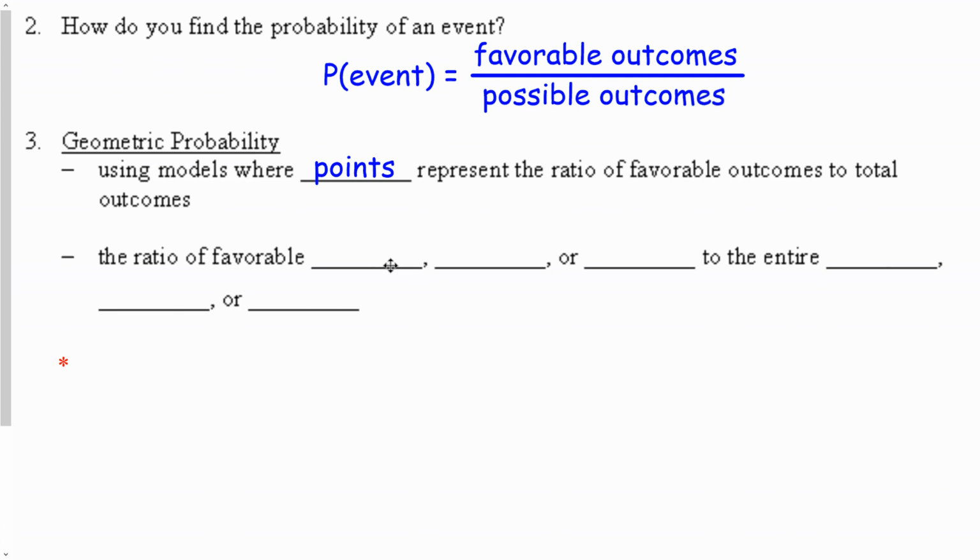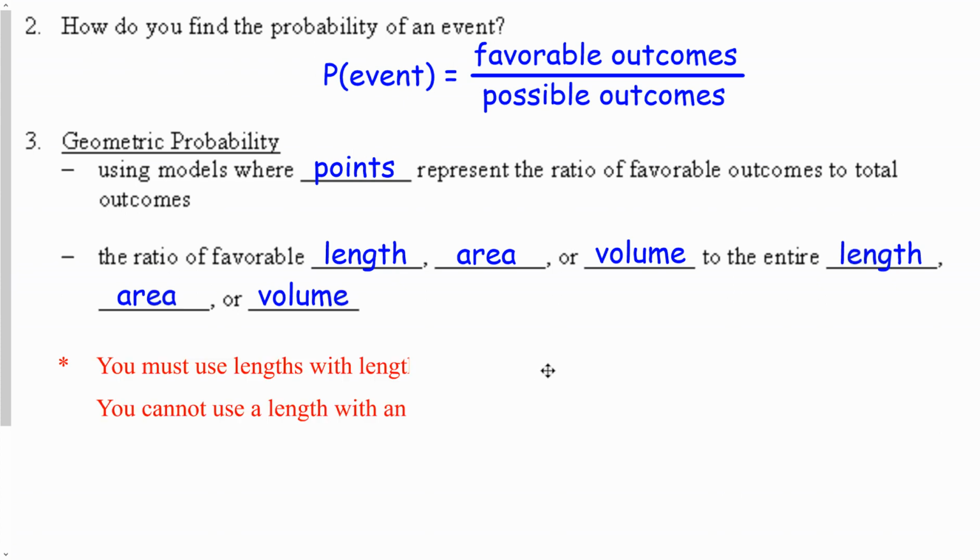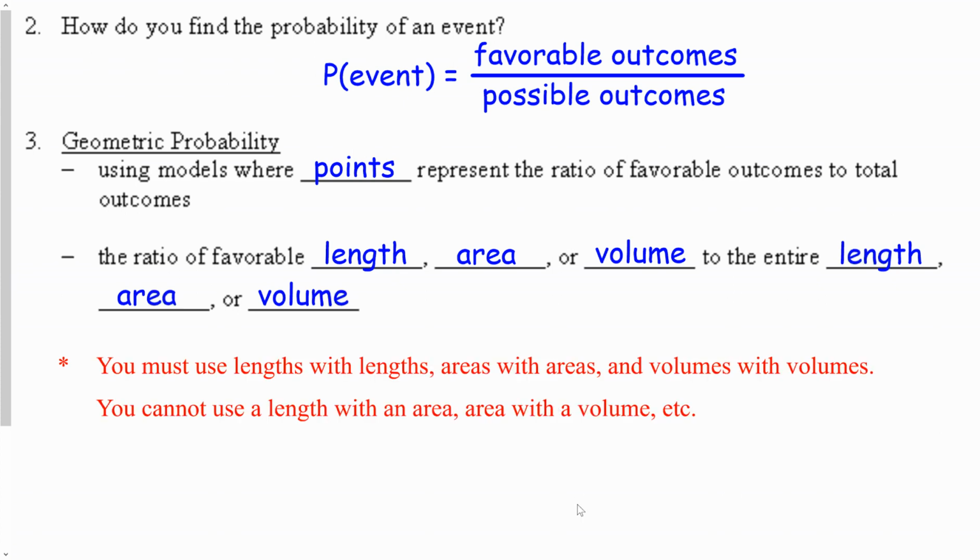So what makes it geometric probability is that we're going to use lengths, we're going to use areas, eventually we'll use volumes, and we're going to compare those favorable lengths, areas, and volumes to the entire length, area, or volume. Now the key with this is you have to use lengths with lengths, areas with areas, and volumes with volumes.